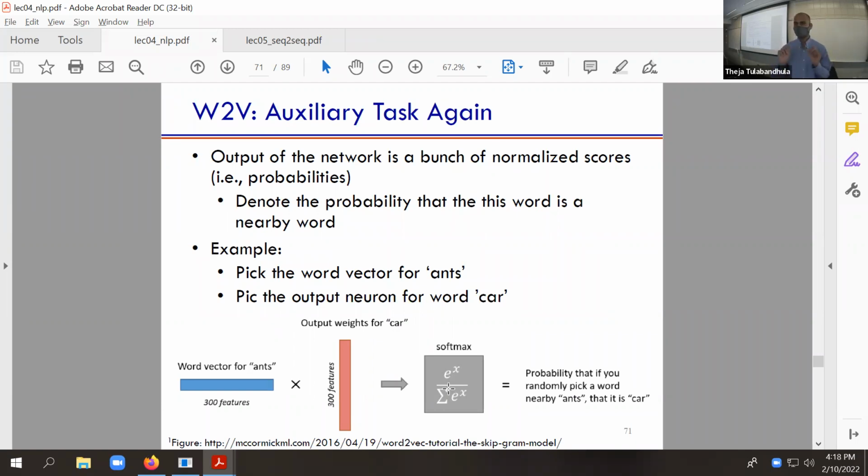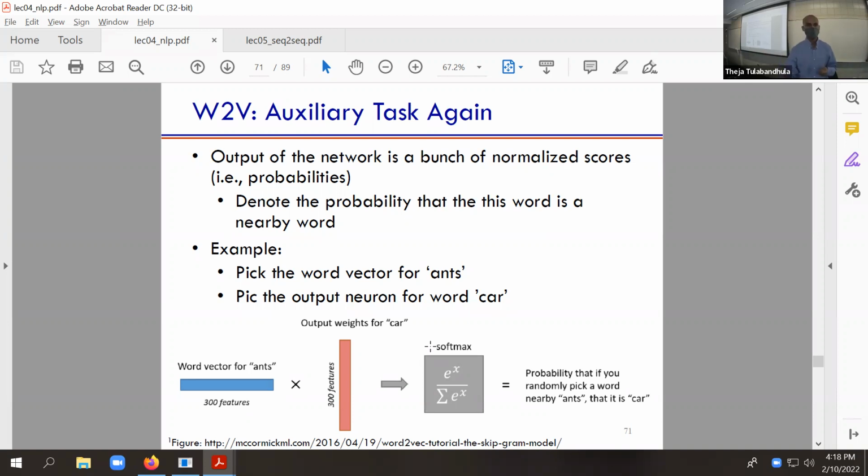what exactly is the network doing, right? So let's think of a pair of words, and let's say they don't appear in similar context, like for now it's not super important. Let's say we pick a pair of words like ants and car. So what is happening in the forward pass of the network?